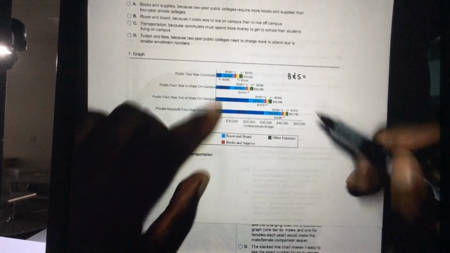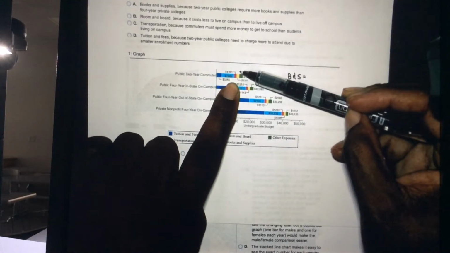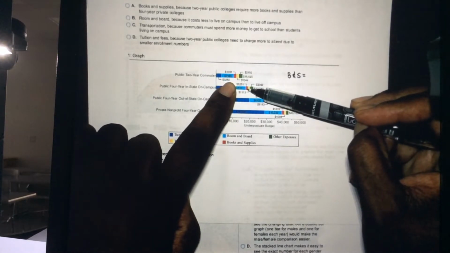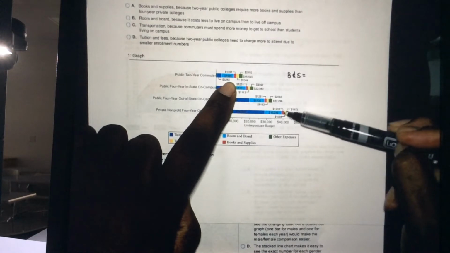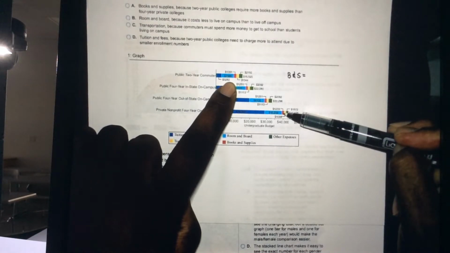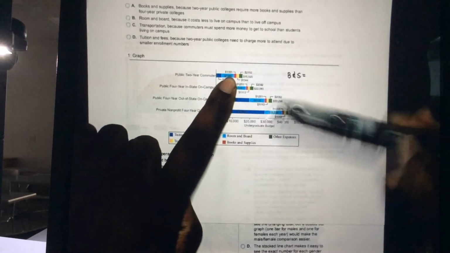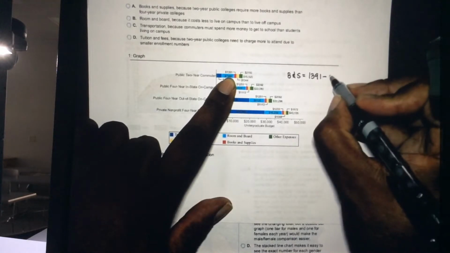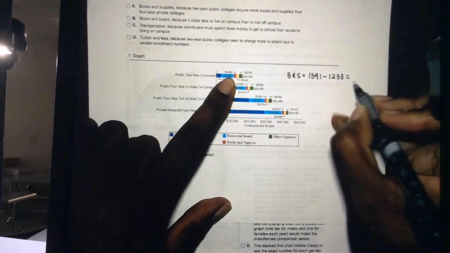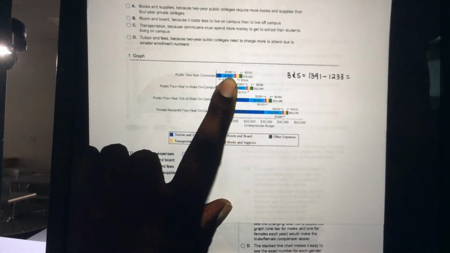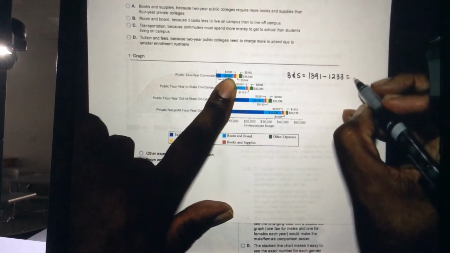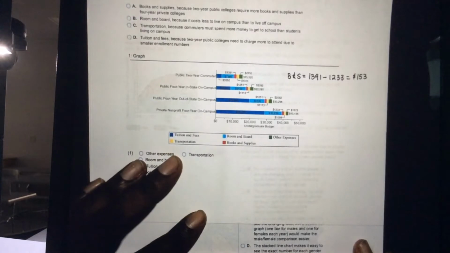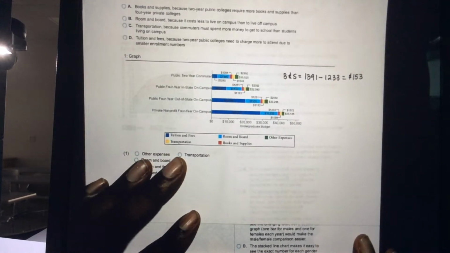The largest here for books and supplies, we got $13.91, $12.51, another $12.51, and $12.33. Here, the largest is $13.91 minus the smallest, which was $12.33. If you subtract $13.91 minus $12.33, you're going to get $153. So books and supplies vary by $153.